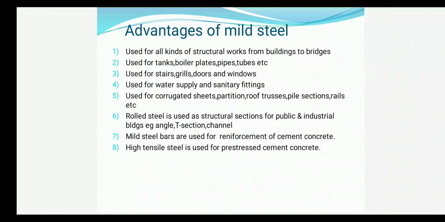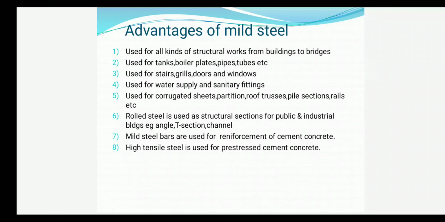This mild steel is used for all kinds of structural works, from buildings to bridges. It is used for tanks, boiler plates, pipes, tubes, etc. It is also used for stairs, grills, doors and windows.